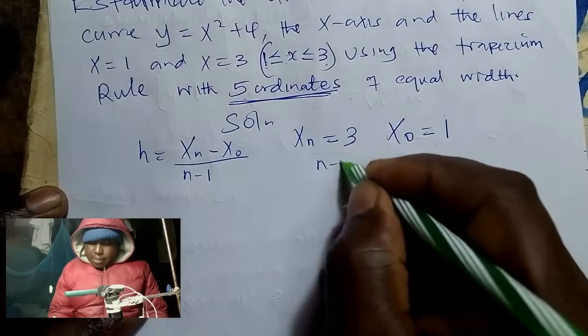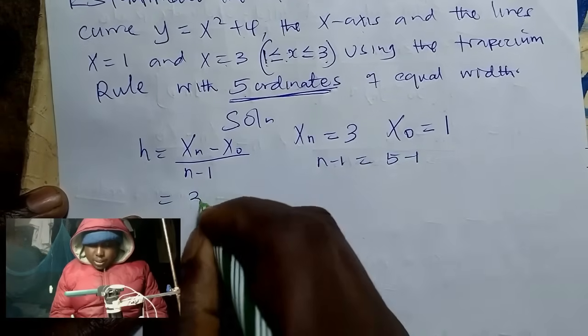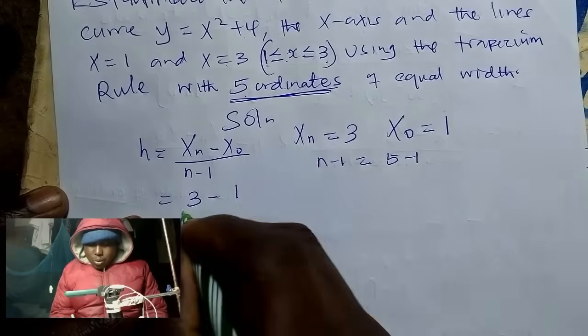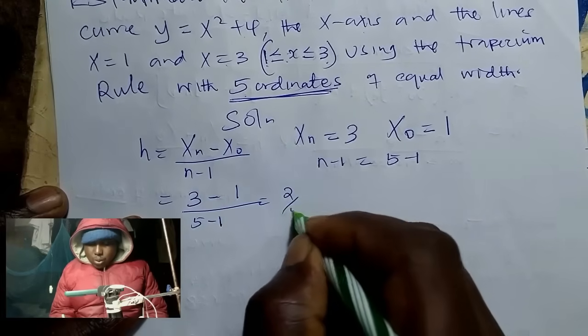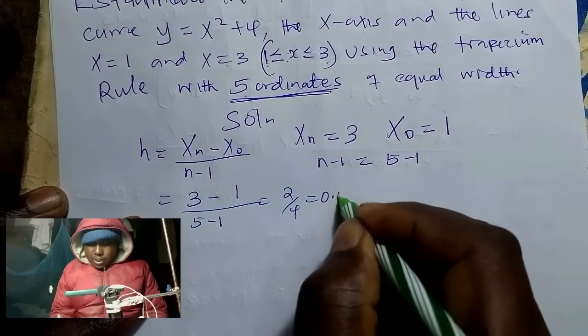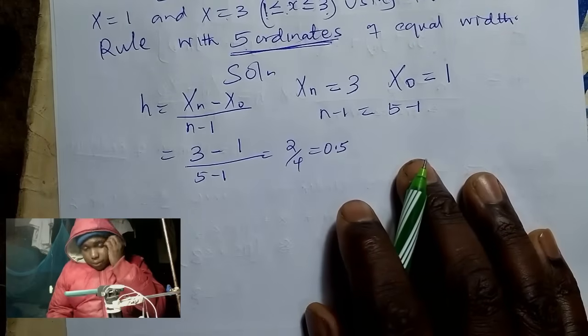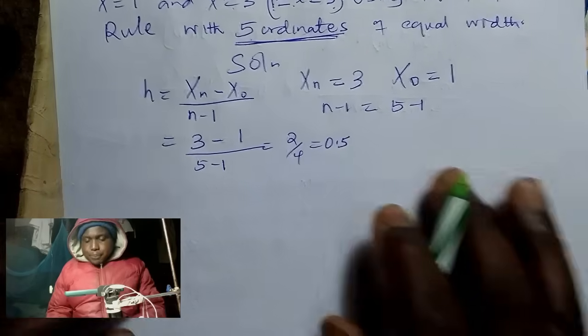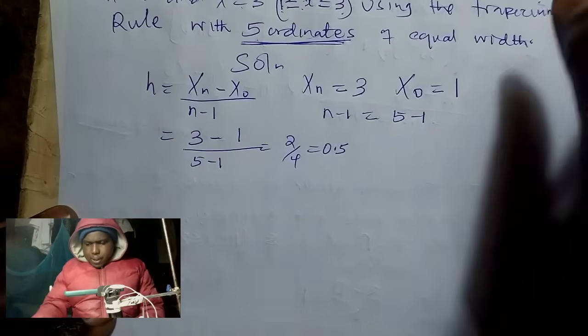And then n minus 1 will be equal to 5 minus 1. So here we have 3 minus 1 over 5 minus 1. So it is 2 over 4, and this is 0.5.